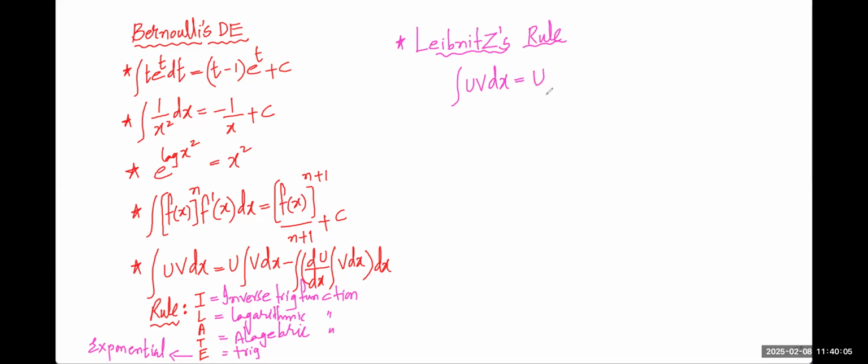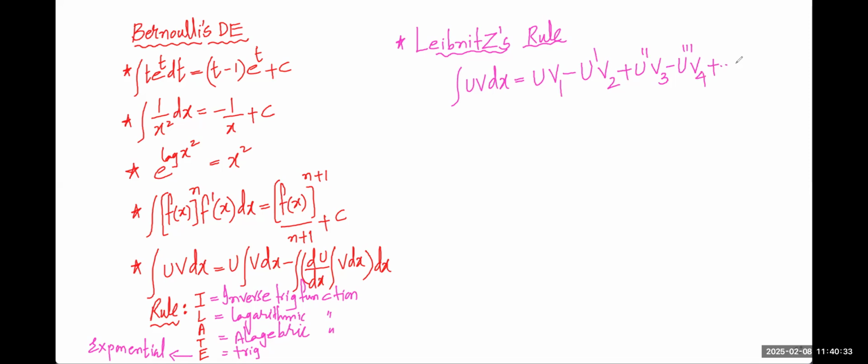U we have to write down as it is, then V1. V1 means if you write 1 as suffix, it represents that we are integrating that V value, minus U dash. U dash means we are differentiating the U value, into V2, plus U double dash V3, minus U triple dash V4, plus and so on.